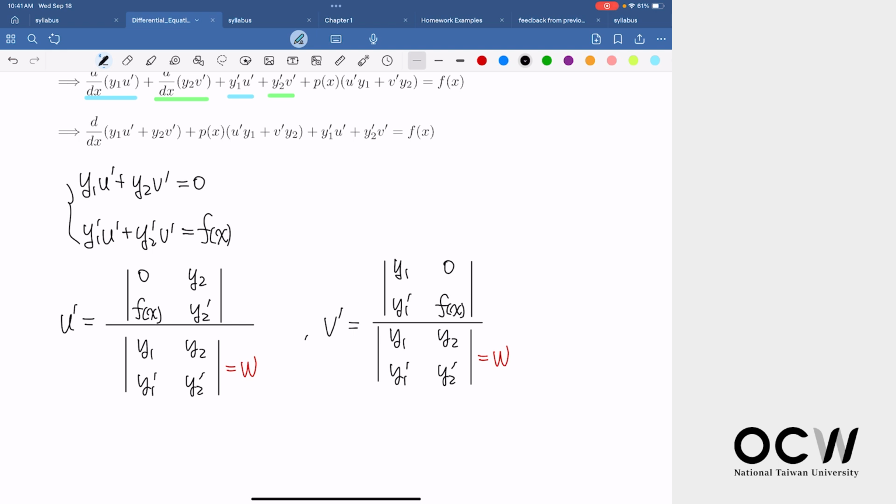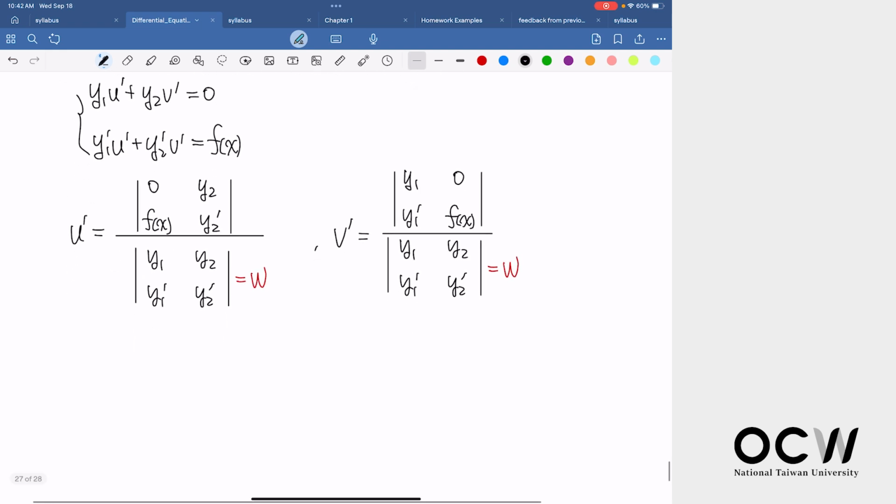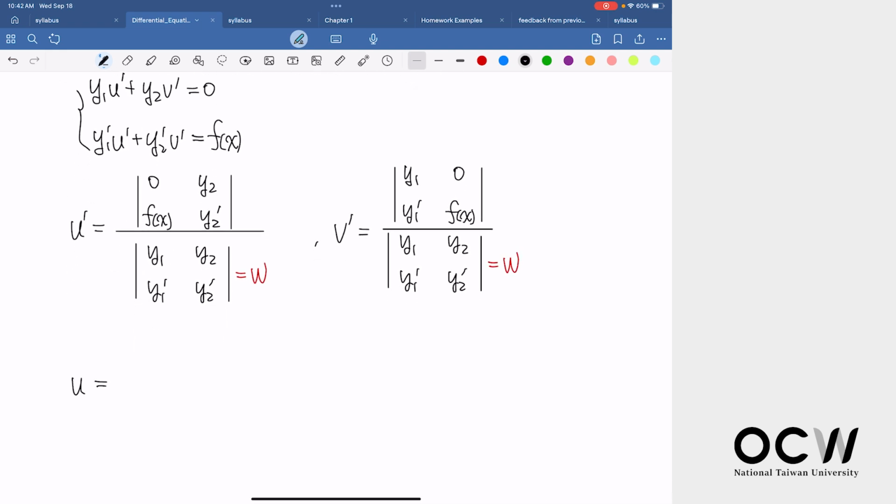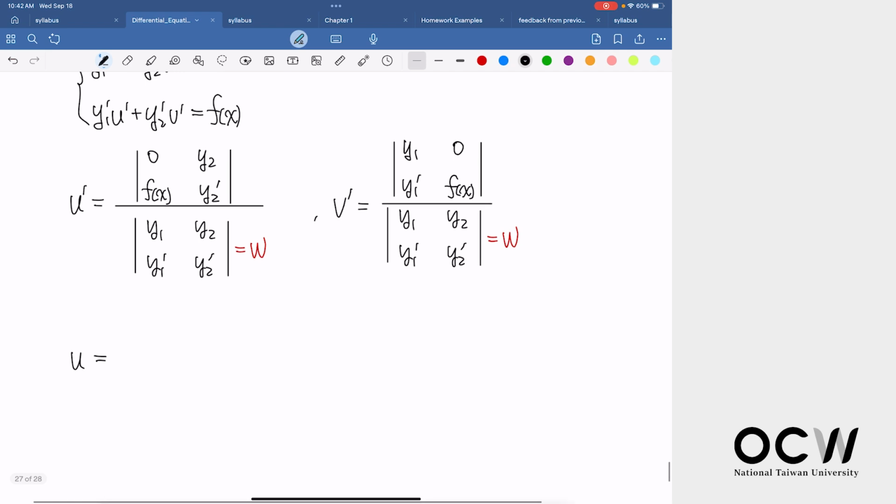We will also learn this method when we talk about linear algebra. So the u will be minus the integral of y2 f of x divided by W of x dx.